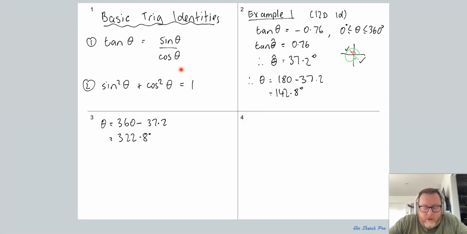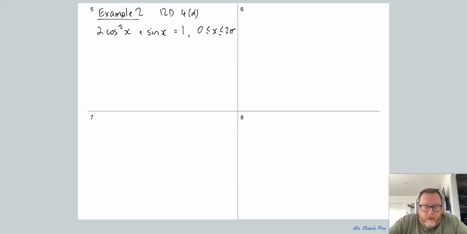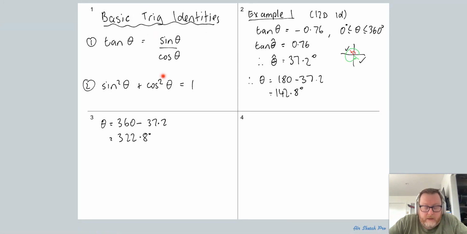But look at this one here, sine squared plus cos squared equals 1. If I say sine squared equals 1 minus cos squared, then I can replace a sine squared with 1 minus cos squared. Having a look at the problem, I don't have a sine squared. Whoops, can I say that again?